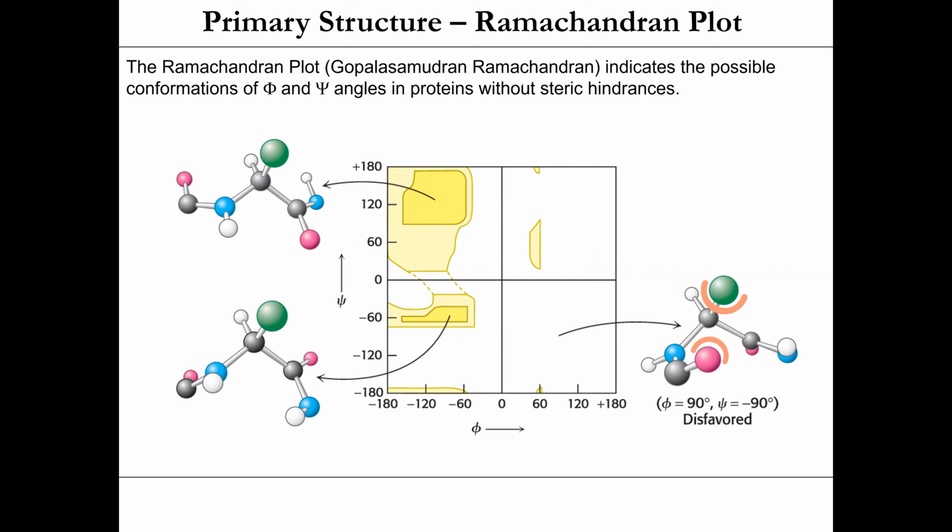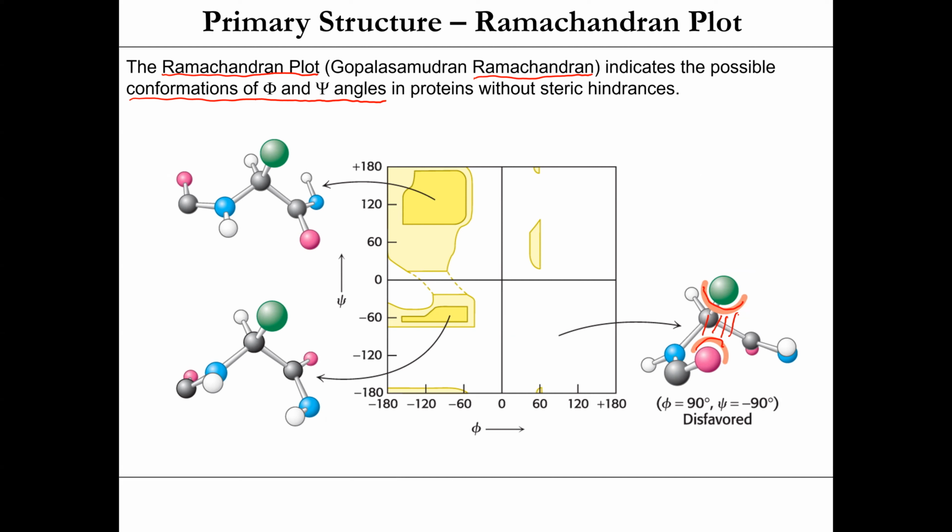And so that rotation about these phi and psi bonds was actually investigated by a scientist named Ramachandran, and he developed what's called a Ramachandran plot. So he looked at actual protein structures and determined what angles about those phi and psi bonds were actually possible in proteins without steric hindrances. So without these bulky side chains bumping into each other or having steric hindrances that cause them to interact or repel each other, or just not allowing different atoms to occupy the same space at the same time, because that's impossible.